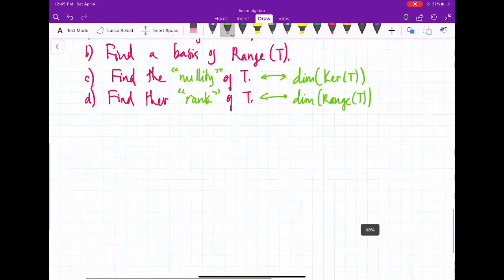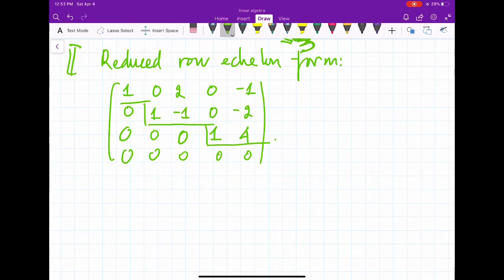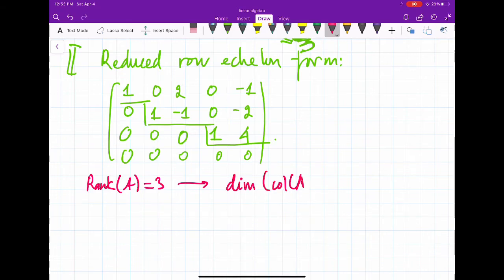For that matrix, the reduced row echelon form looks like this. In this form, you can see that the rank of A is 3. So that means the dimension of the row and column spaces is 3. And of course, that is the dimension of the range of T.